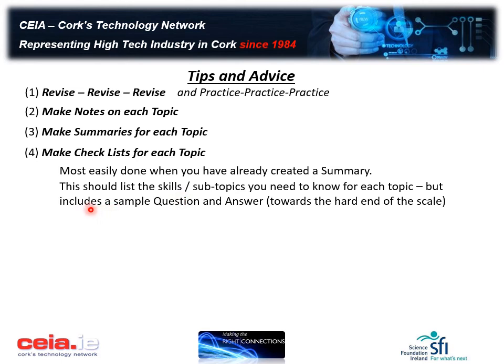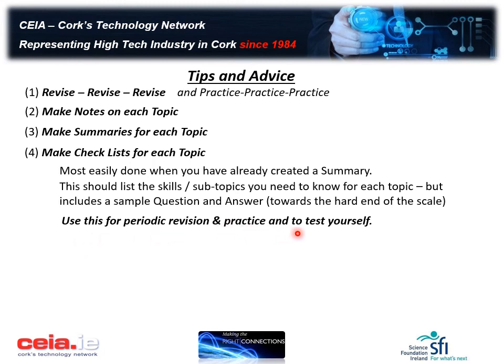But include a sample question and answer, and make the sample not one of the easiest ones, make it one of the more difficult ones, so that if you're able to do that particular sample, you're able to do any question that might come up in that subtopic. Okay. And this in particular you would use for periodic revision and practice and to test yourself.